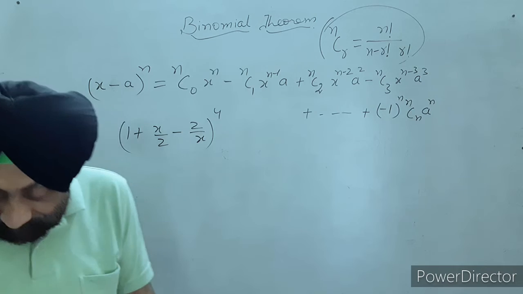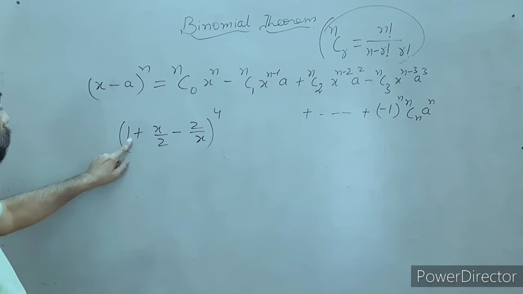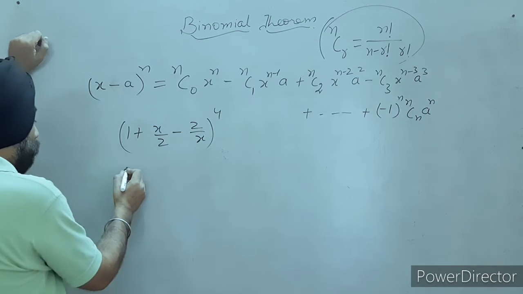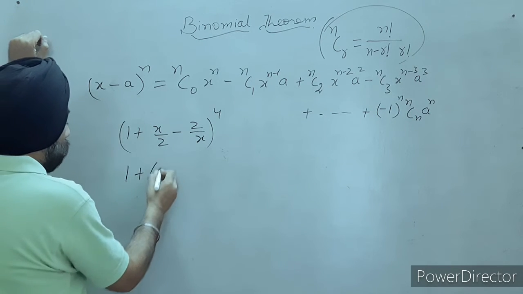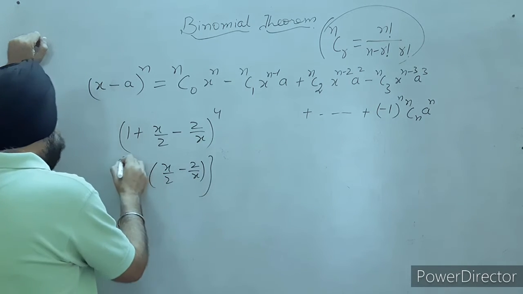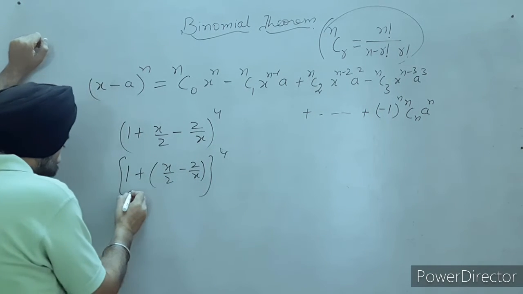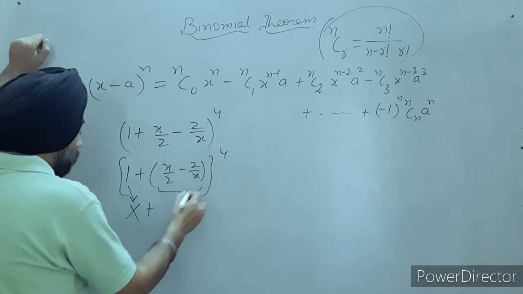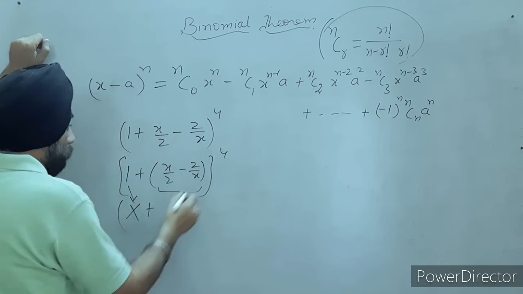It is very simple. I have 1 plus x by 2 minus 2 upon x. I can write this as 1 plus (x by 2 minus 2 by x) raised to power 4. This is my x, plus this is my a, raised to power n.